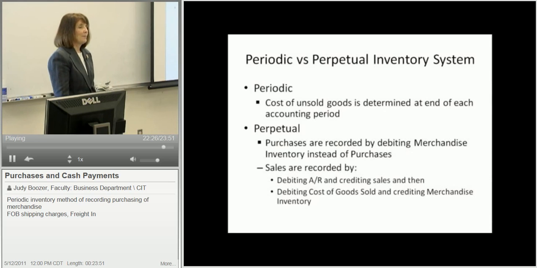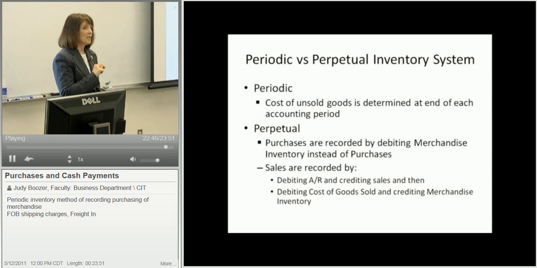Now, I'm just going to briefly state this because it's in this chapter and you may have a couple quiz questions, but the system that we have shown you today, journalizing by doing purchases of merchandise, by debiting purchases, is a periodic system.